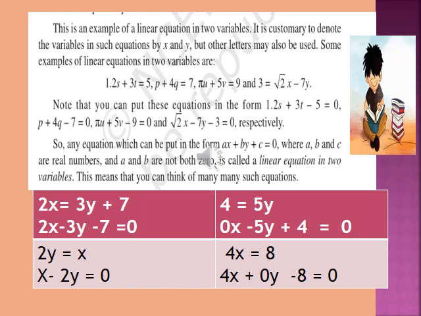See here, we will plot some points in the Cartesian plane. The point (5, 0): 5 is on the x-axis, and as the y-coordinate is 0, it is not in any quadrant, so it is on the x-axis. The second point is on the y-axis, because its x-coordinate is 0.